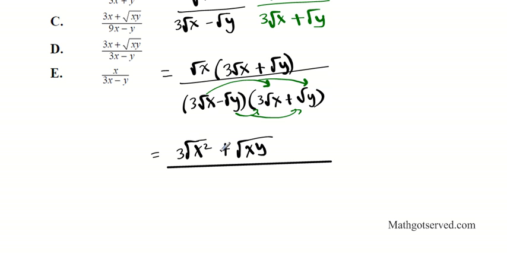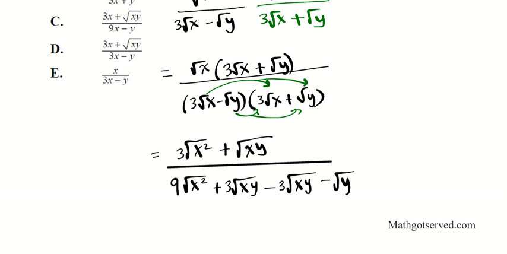Alright, let's do this. If we do the first, 3 times 3 is 9. Root x times root x is root x squared. And then outer, it's going to be plus 3 root xy. And then inner, minus 3 stays on the outside, root xy. And then last, minus times the plus is a minus, root y times root y squared.